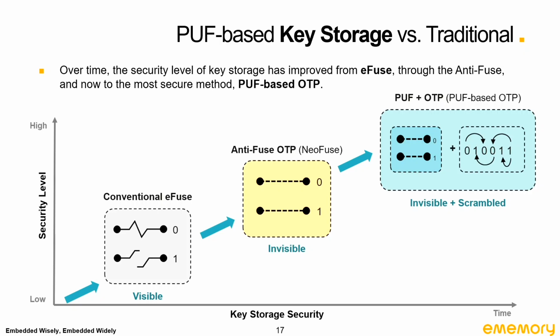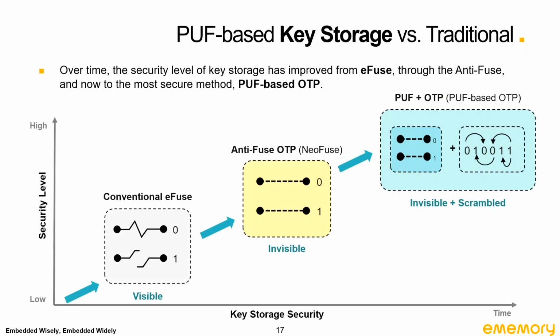I will focus on talking about key generation and key storage, since our fundamental technology has achieved a very high level of key storage and key generation compared to the conventional methods.